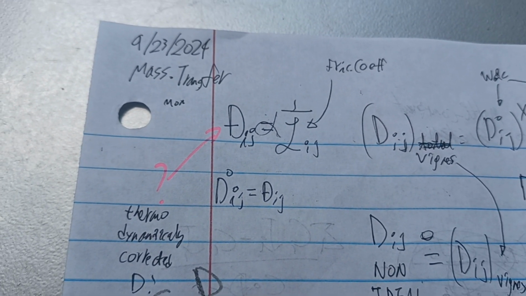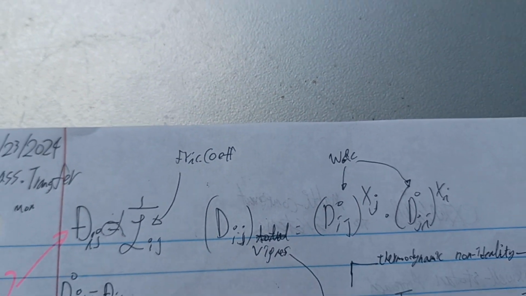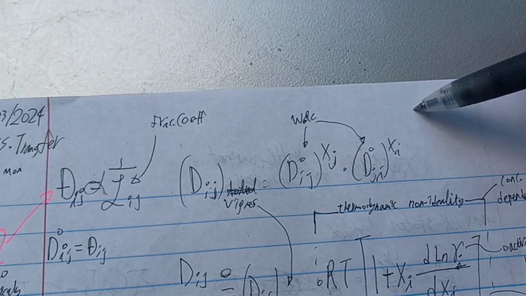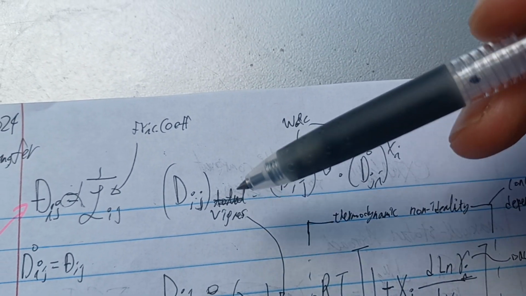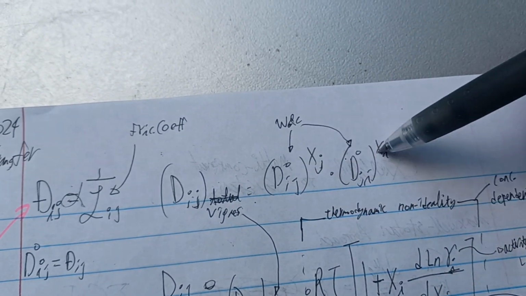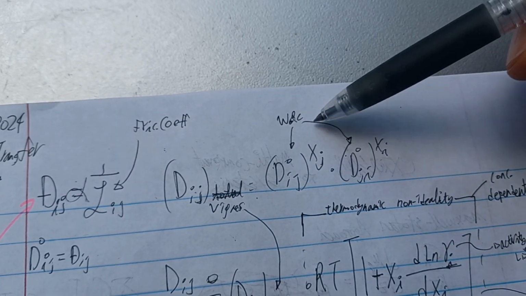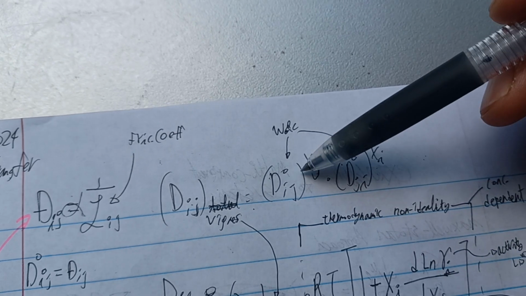But in real life, there's no infinitely dilute. So we are going from the ideal situation into the non-ideal, real-life situation. We have the diffusivity in the Vignes correlation, where there's an infinitely dilute diffusivity of ij and ji with the exponent of xi, the concentration of i, and the concentration of j.